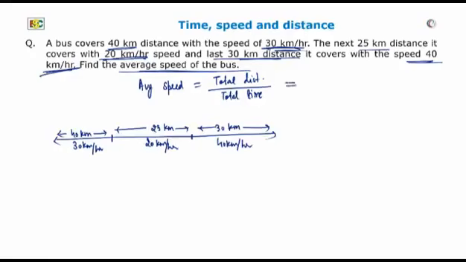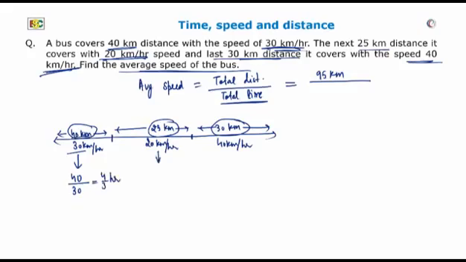Now we know the total distance, and that would be equal to 40 plus 25 is 65, plus 30 is 95 km. Now we have to calculate the total time. So for the first part, time will be equal to distance upon speed, that is 40 upon 30 or 4 by 3 hour.